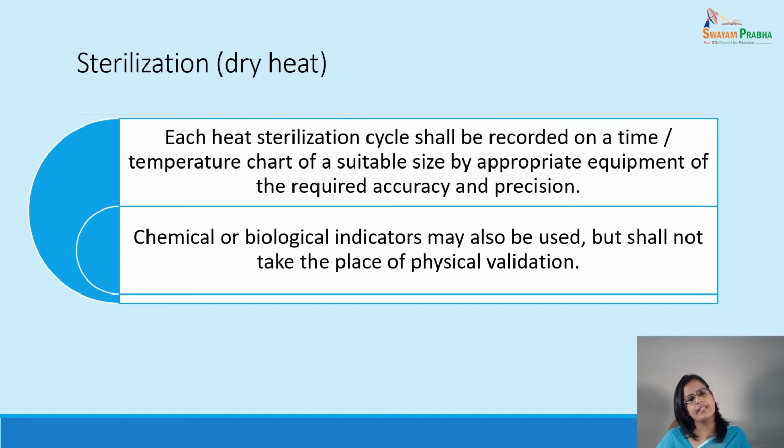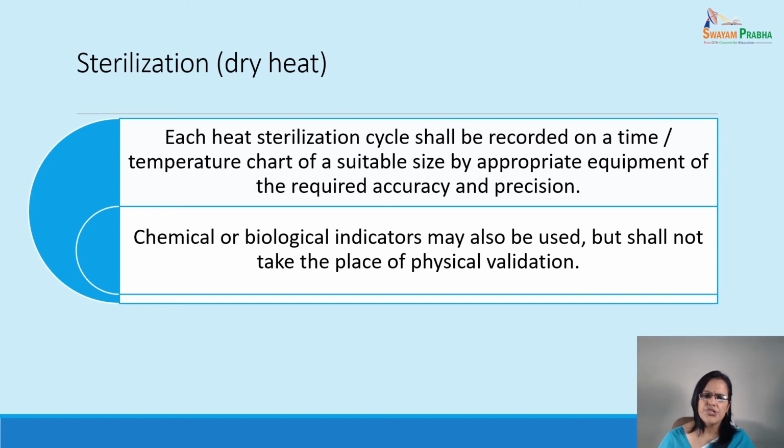Now moving to the second method, which is sterilization by dry heat. Each dry heat sterilization cycle shall be recorded on a time-temperature chart of suitable size, using appropriate equipment of the required accuracy and precision.